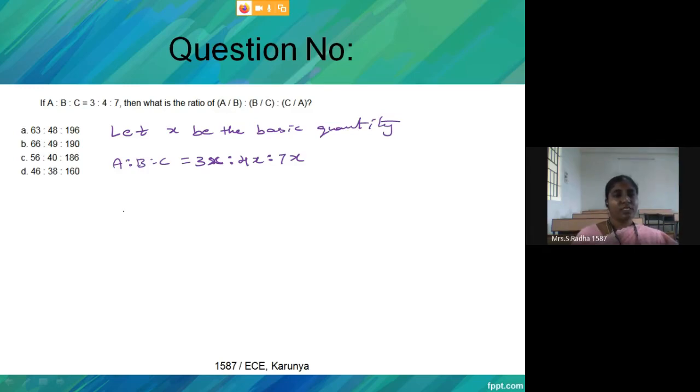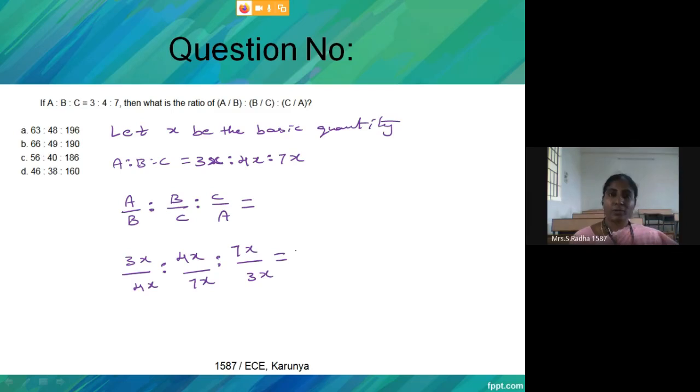Now they are asking the ratio of A by B is to B by C is to C by A. A means 3x, B means 4x, and the next is 4x divided by 7x, and the third one is 7x divided by 3x. This is the ratio we are able to write.